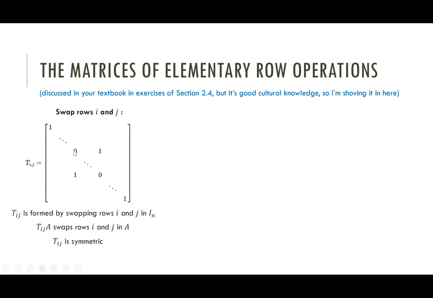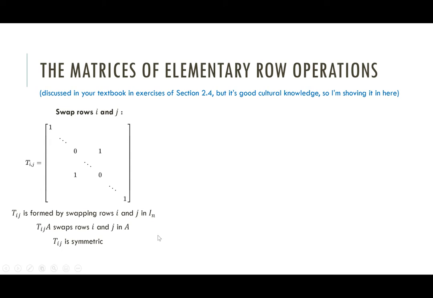But remember, when we were swapping rows, the one that was here in II went to JI, and the one that was here, JJ, went to IJ. So the only non-zero term here is in JI, and the only non-zero term here is in IJ, and they're both ones. When you swap everything across the diagonal, these ones are going to go to each other. Entry IJ goes to entry JI. Okay, so this is a symmetric matrix.